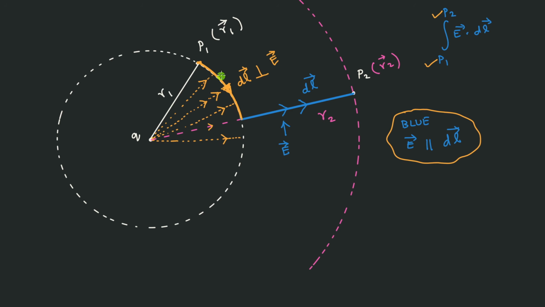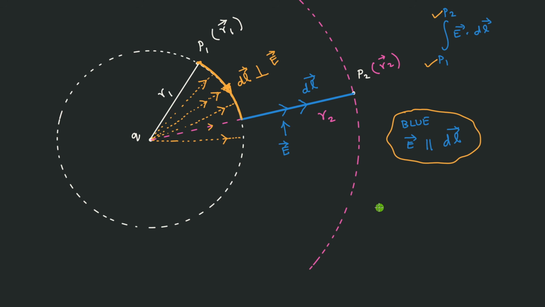Contour means a path which consists of two different styles of path. One is the curved path and the other one is the straight line path, and they are shown in the figure. The one is the orange and the other is the blue. And how do you write it mathematically?